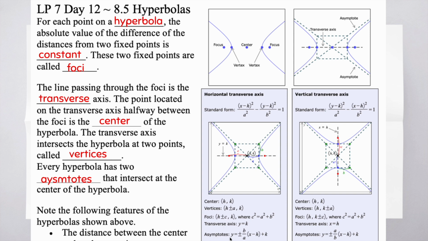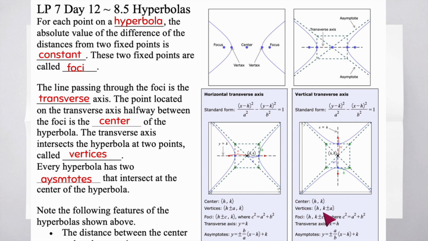And then we have our asymptotes, which we do have this line for, although I do find it much easier to graph the box. So I can show you what I mean by that in just a little bit. But you can, of course, graph the line using this formula as well.